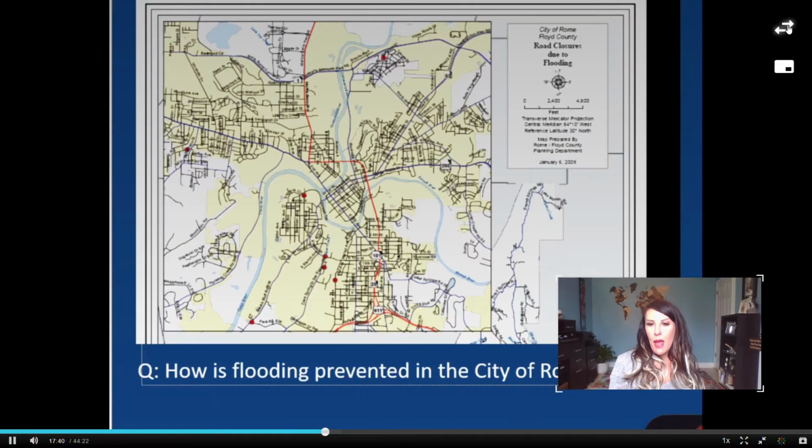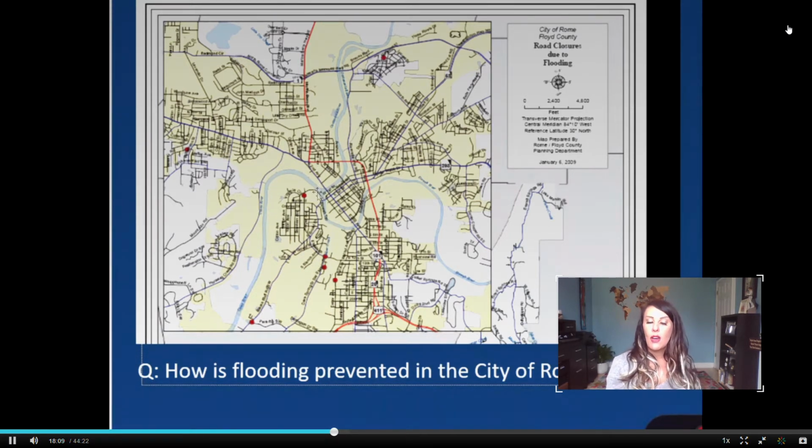This is a map of the city of Rome, Georgia, and what's highlighted in yellow is the areas that anticipate flooding if and when a 100-year flood would occur. So what you're noticing is that in the city of Rome, there are 2 river systems that come down, and they converge in our downtown area to form the Coosa River.